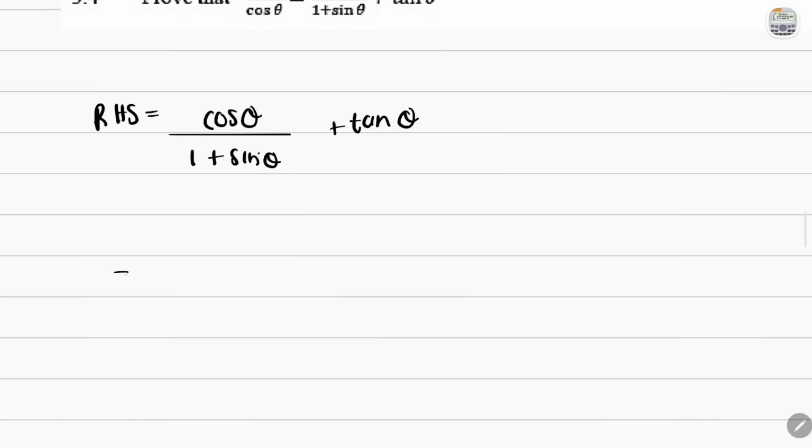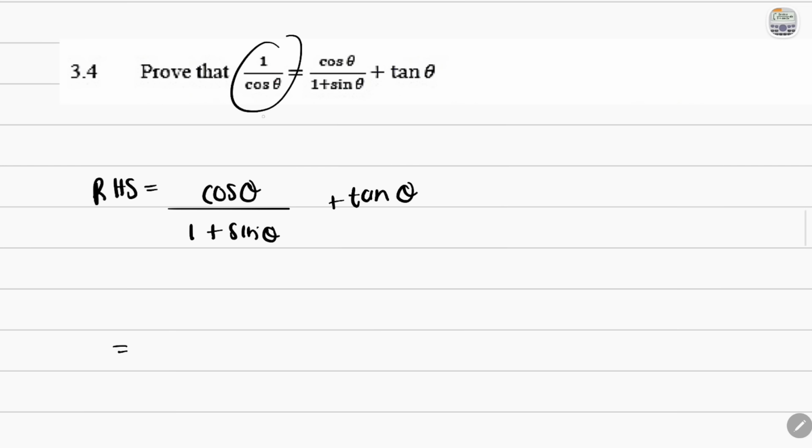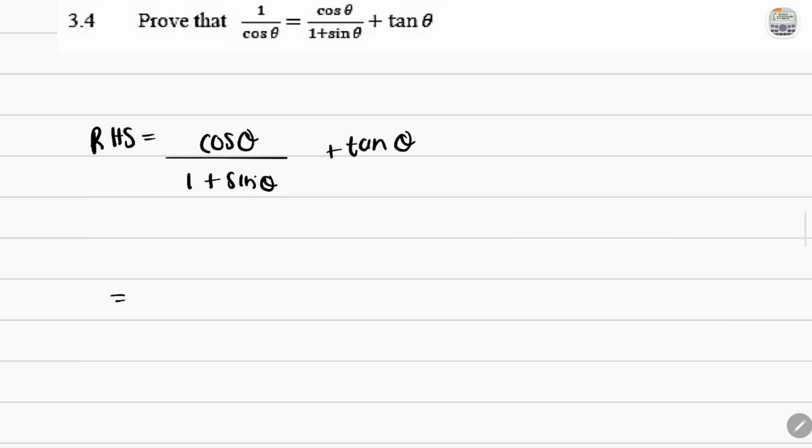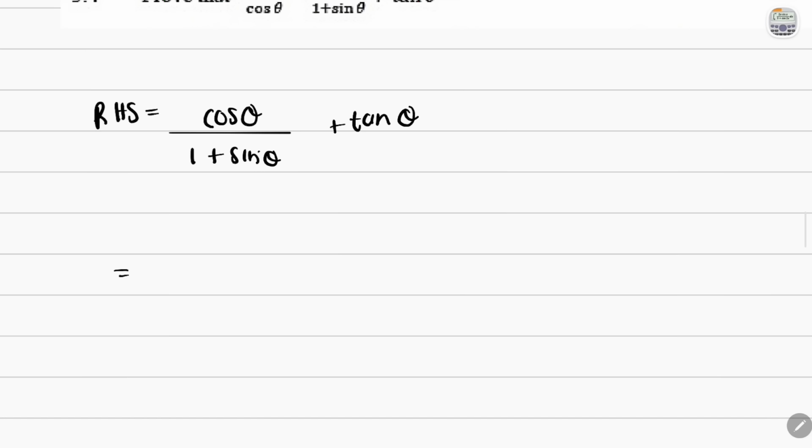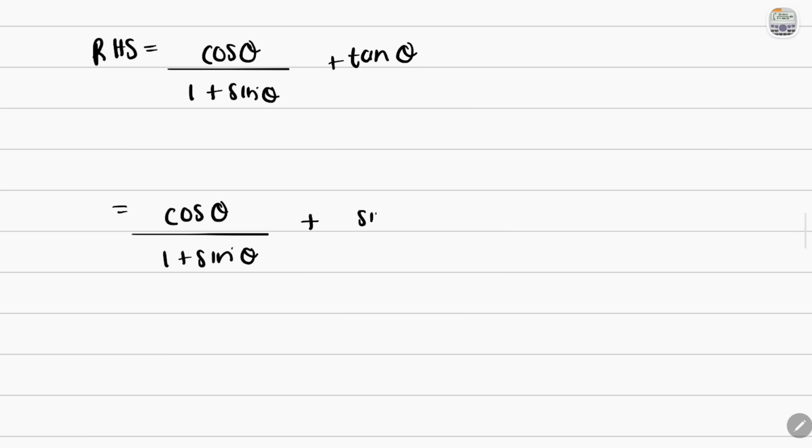First, I already see from the answer, we have a cos theta left there. So we need to try to get that cos theta. The way we can get it is we're going to rewrite tan as its identity. So this is cos theta over 1 plus sine theta, and we can just change this tan theta into sine theta over cos theta.